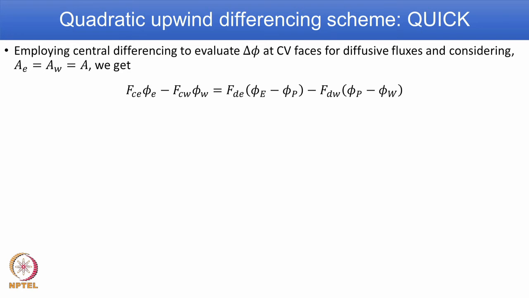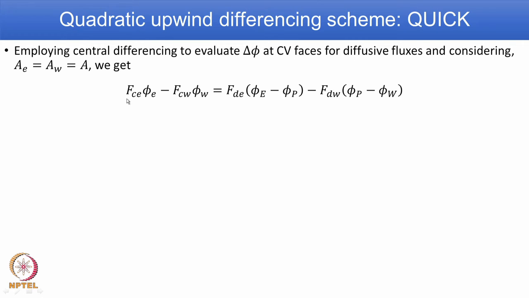So, we already learned from the diffusion equation, we apply central type of differencing to evaluate derivatives on the phases, and for simplicity's sake we assume it is one dimensional with equal area. So, AE equal to AW equal to A. If you put the convection term also, then we get the final discretized form as shown here.